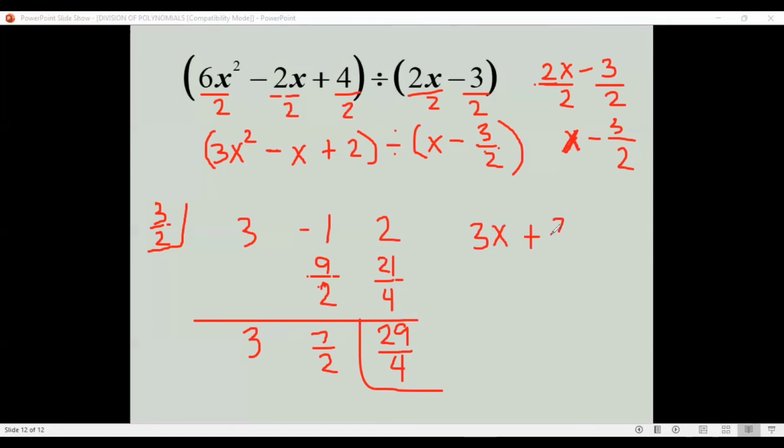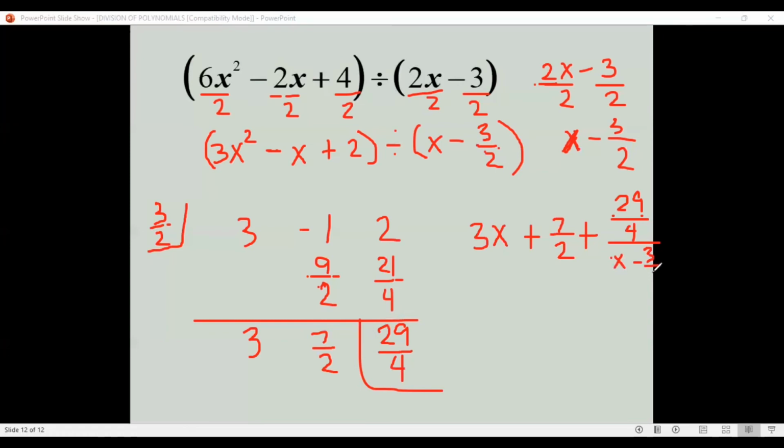Okay, your constant is a fraction, plus again the 29. Okay, if you are going to write this, this is actually 29 over 4, all over your divisor, which is x minus 3 over 2.